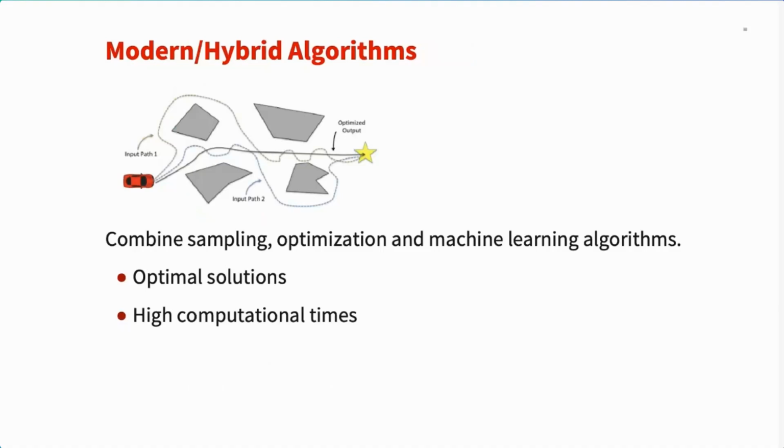Then we have the modern or hybrid algorithms. These post-processing algorithms have the purpose of combining the advantages of both sampling-based and optimization-based planners.